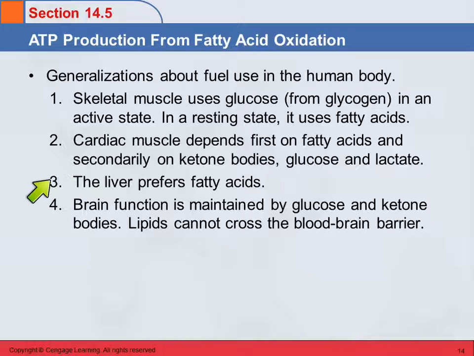Your liver prefers fatty acids. Your brain needs glucose. It can also use ketone bodies. Your brain can't use fats because they can't cross the blood-brain barrier. Now, your body can do things with the lipids and make them into glucose that can get to your brain, but it can't go there directly.